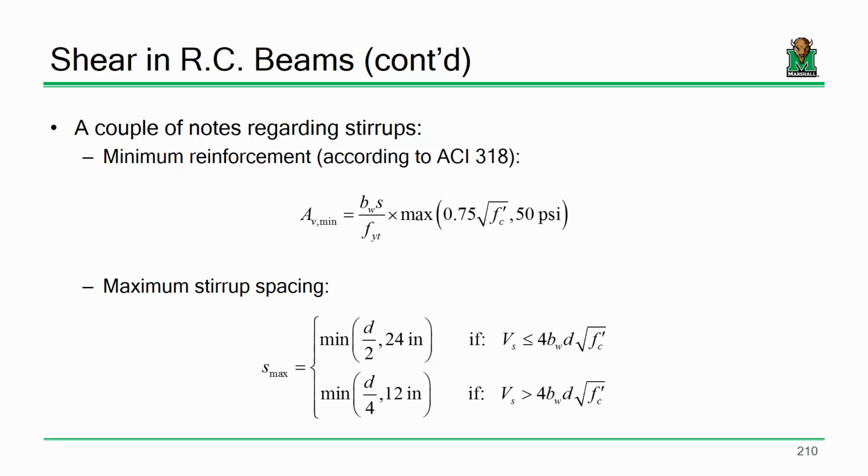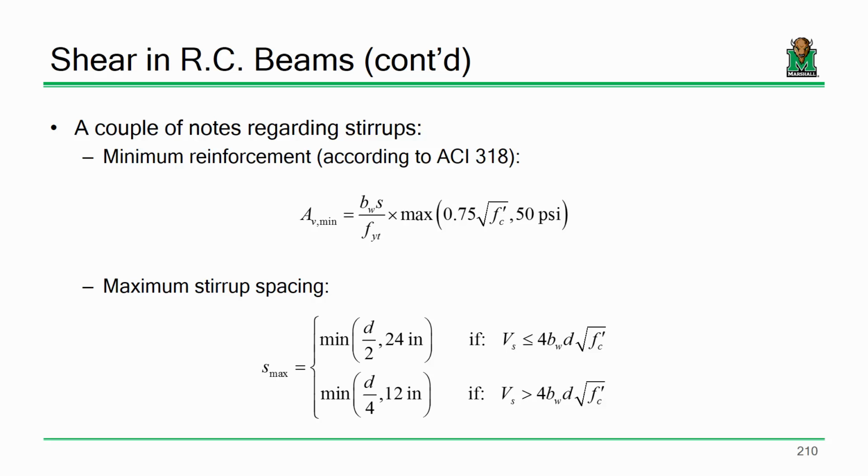Everybody good so far? Okay, so a couple notes. We do have a minimum amount of shear reinforcement that we are to provide, but that usually never becomes a problem. We also have maximum stirrup spacings that we have to deal with. That actually does tend to become a governing stirrup spacing near the end.